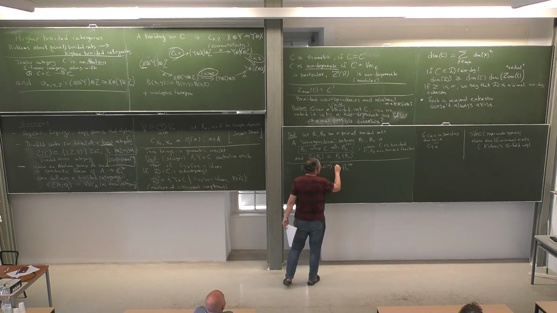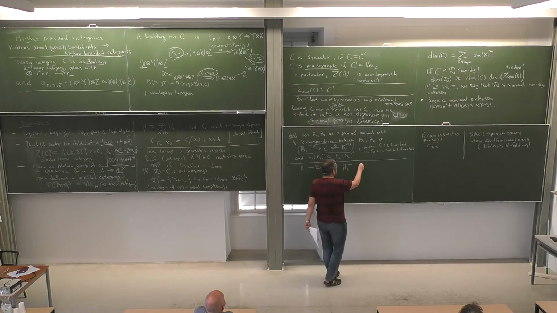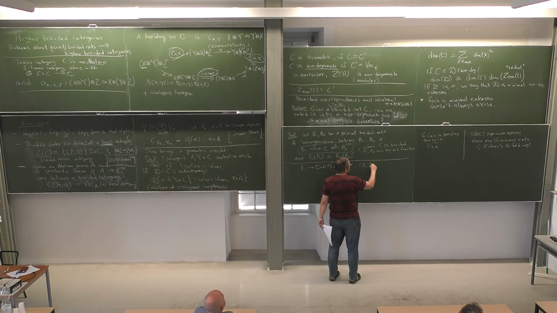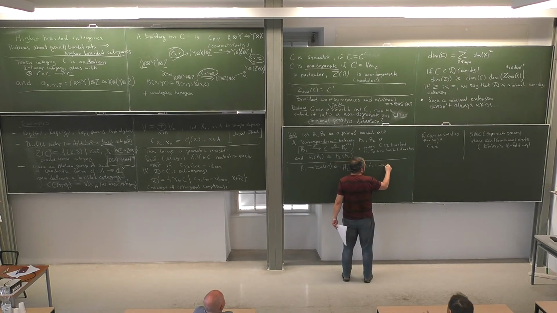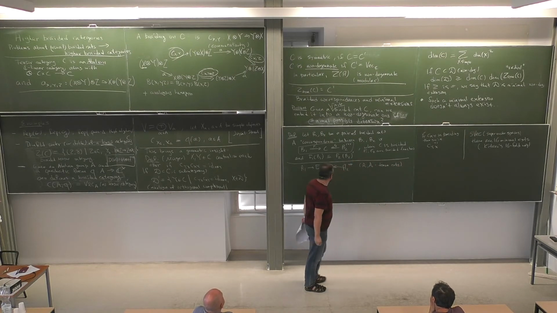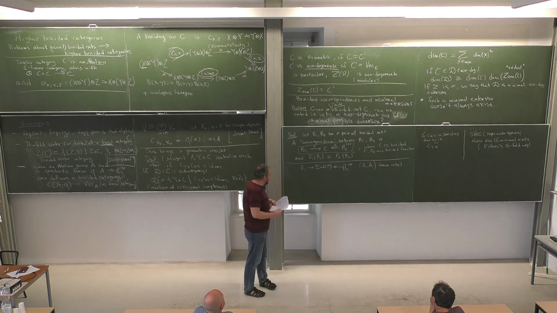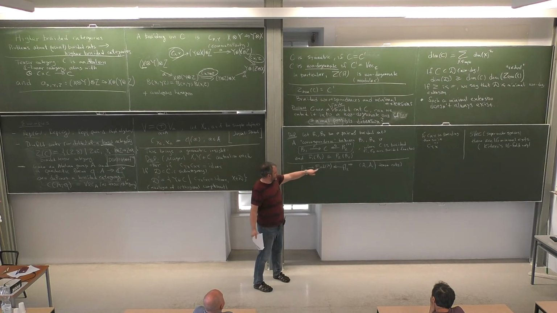You can even think about this situation when A1, A2 are algebras, but for me, they will be tensor categories. So A1, A2 are tensor categories, and M is just an abelian category. What this represents is a situation when you have a bimodule category over A1 and A2.